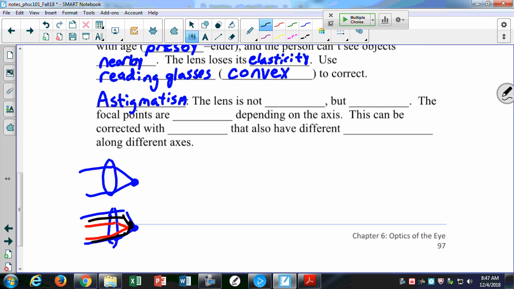And it'll depend on the angle that the light is coming into the lens. You just get all mixed up. All of your light rays get mixed up inside of your eye. So with an astigmatism, the lens is not spherical, but it's oval. And the focal points are different depending on the axis.